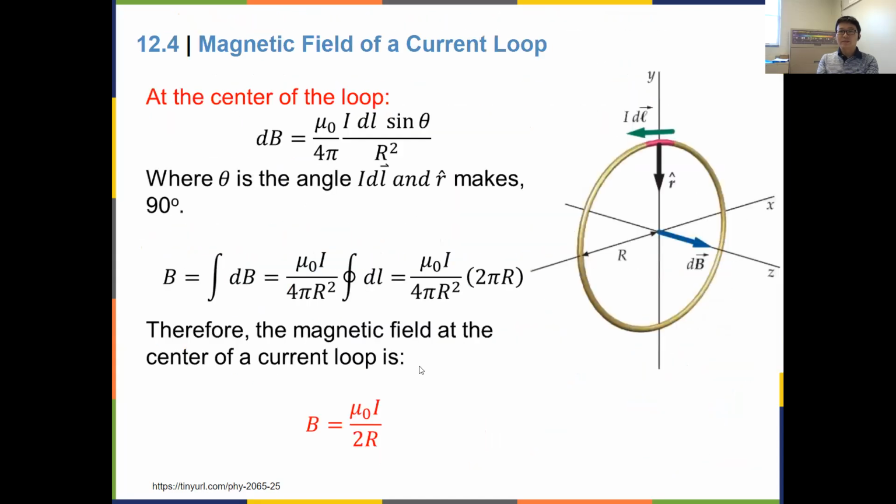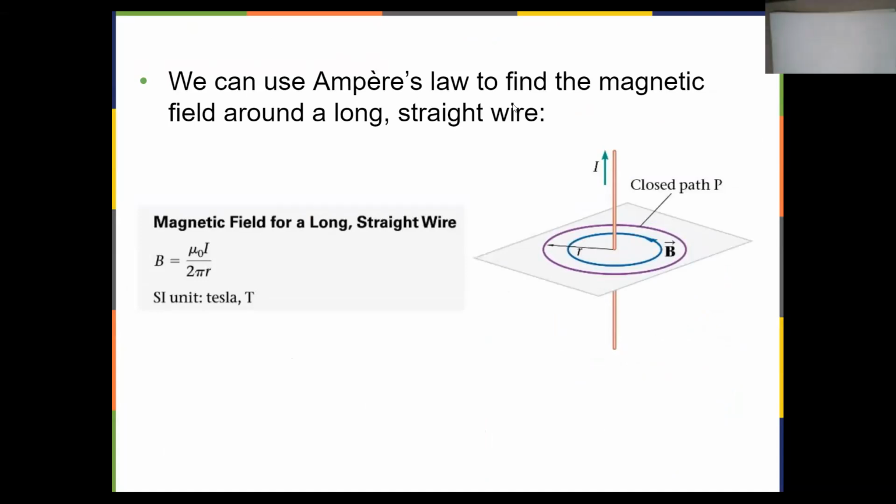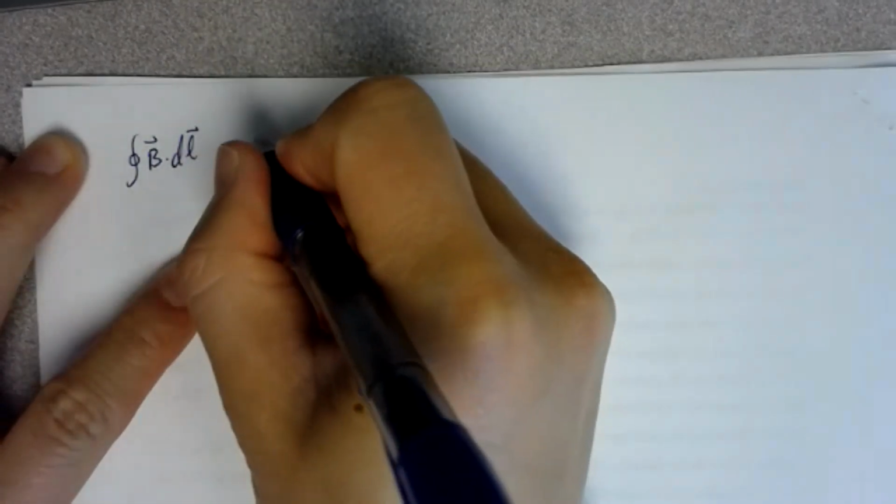So in this case, let's see how we actually derive this from Ampere's law. Ampere's law says the summation of the B parallel times delta L equals mu naught times I. Or we can do the integration of B dot dl, and that should equal mu naught times I enclosed.